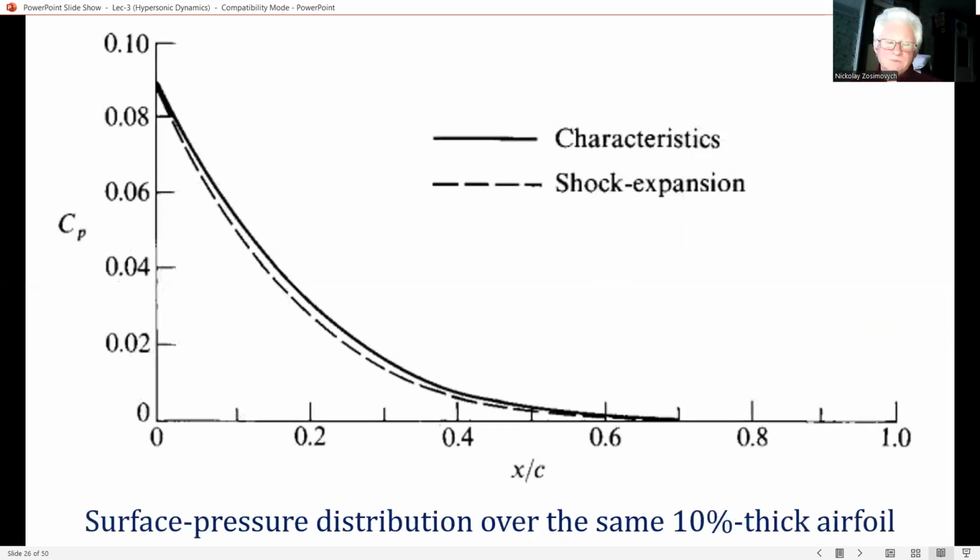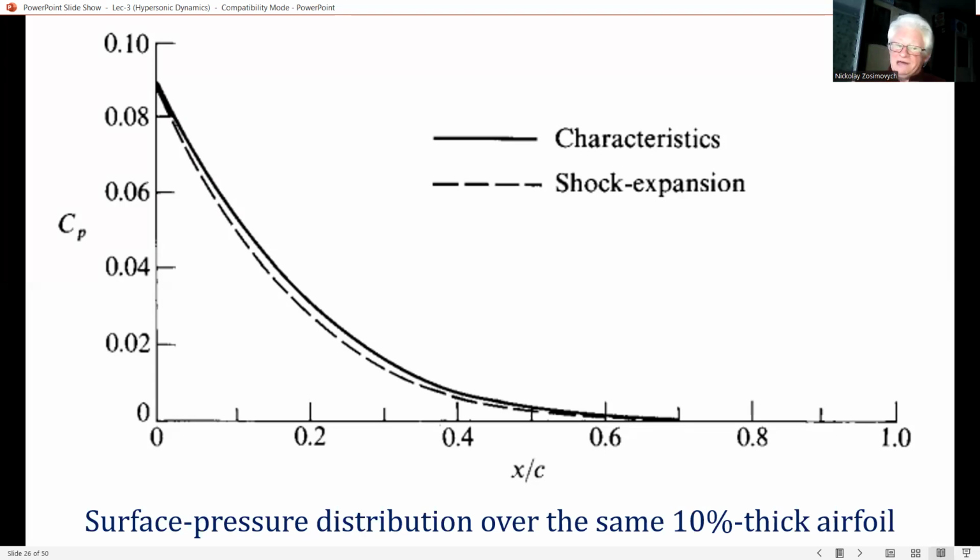So, here are results from the shock expansion method, obtained from some experimental work for flow over a 10% thick biconvex airfoil, shown in this diagram, as compared with the exact method of characteristics. Excellent agreement is obtained here. This is to be somewhat expected.